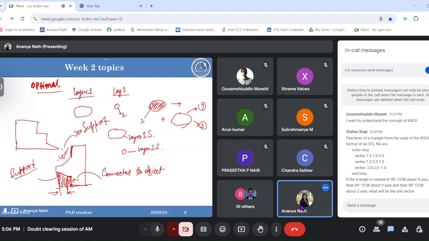If it's connected to the object, then two things come. One thing is, if you make high density support, then you will provide a rigid support to the part, but the removal will not be good, because for rigid support, if you want to break it or detach it using some hammer or spatula, you can destroy the accuracy of the real object.